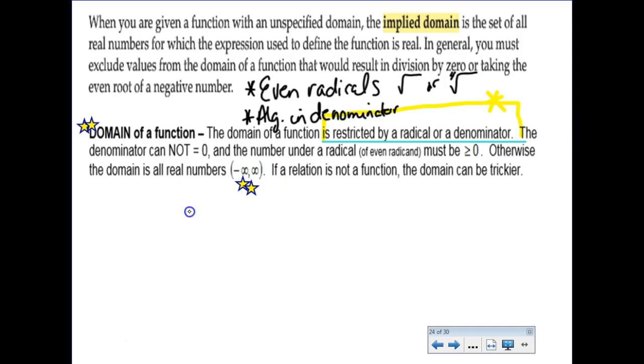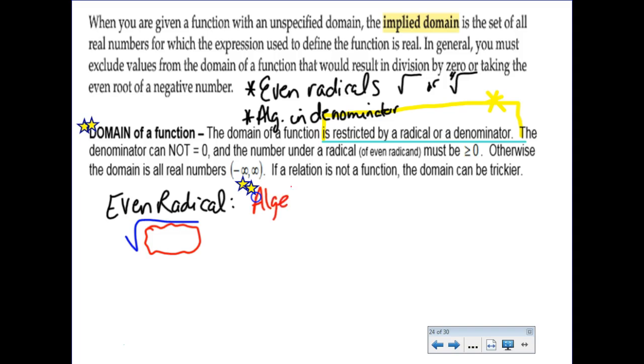Okay. So write yourself some other notes down here, guys. If you have an even radical, here's what you have to do. So like you'll have the square root of some junk under here. So you take the algebra inside and you tell me that it has to be greater than or equal to 0.